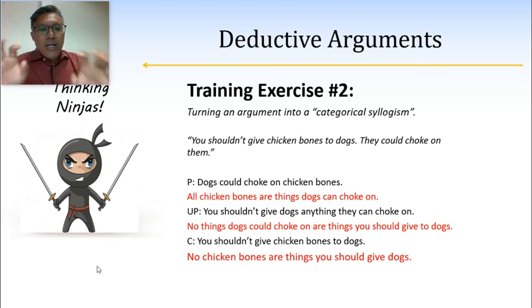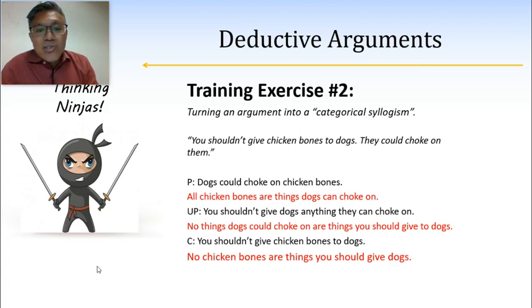Notice that the two categories, chicken bones, we have already used in the first premise. Things you should give dogs is a category we used in the second premise. So we're consistent with the phrasing. Also remember that for E claims, you could switch the order of the terms, right?